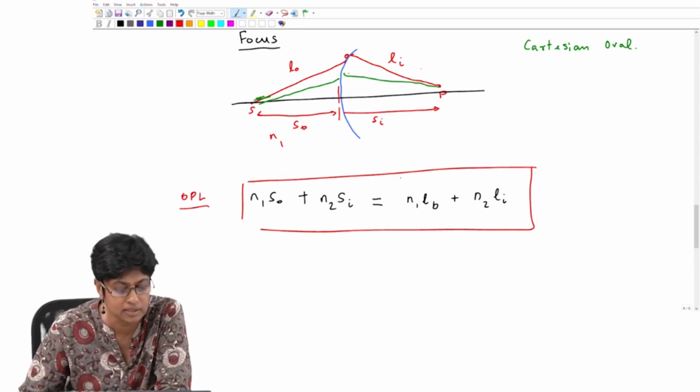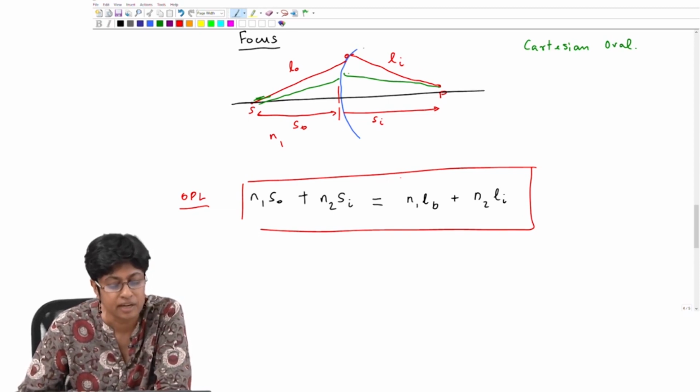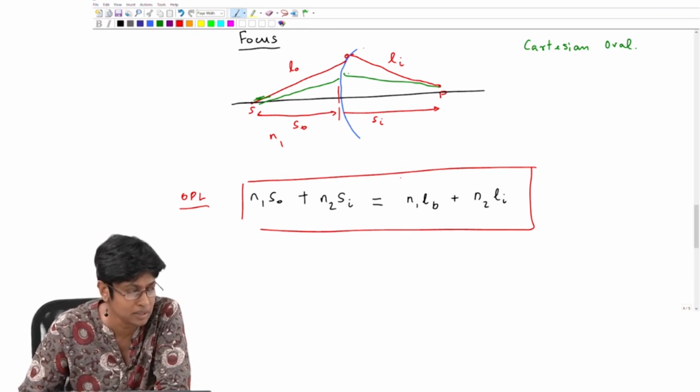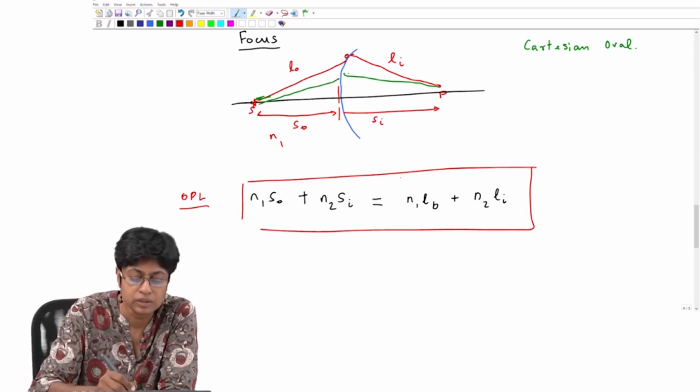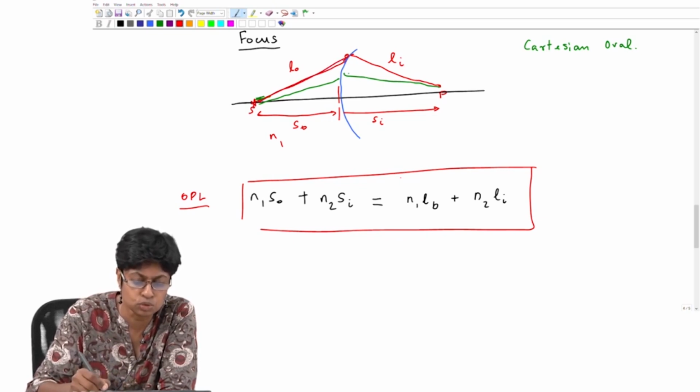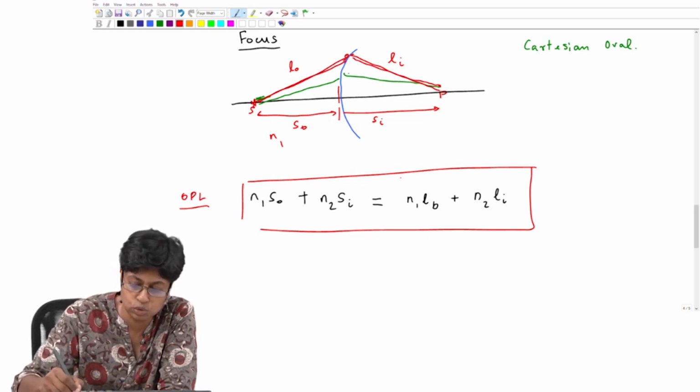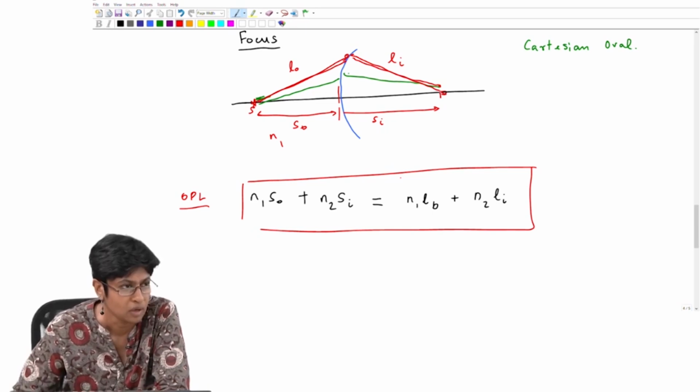One is the on axis ray, so that is the ray traveling the distances S naught in medium N1 and Si in medium N2, and another ray from the same point. It will travel through some point on the interface, and then it too should come to the same point P over here.